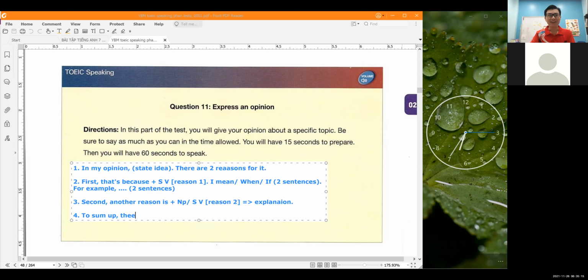Easy, huh? Or if you give only one reason, you can say this is the reason why. These are the reasons why. And you restate the idea.